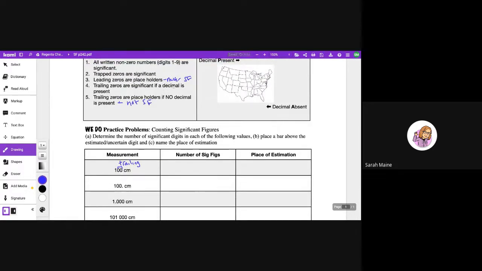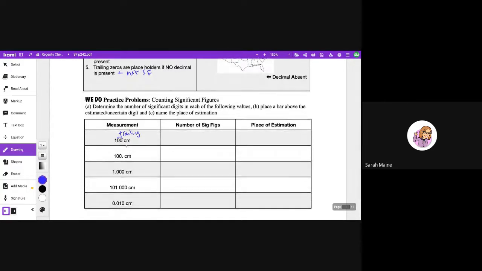Is there a decimal written or no decimal? It's written as 100 and there is no decimal. So they're trailing and there is no decimal, so they are not significant. I'm going to underline in green the significant digits, and in this case, the only significant figure is the 1. So the number of sig figs in 100 centimeters as written is one significant figure.